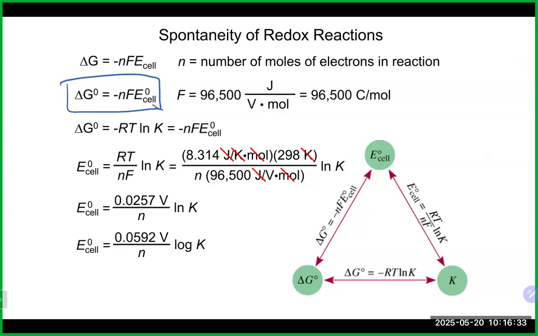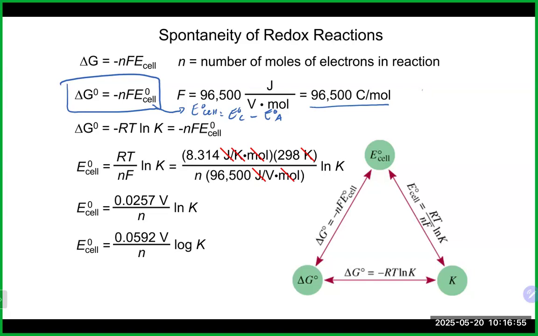The E of the cell here is what we've been talking about. This is our cathode minus our anode. Our F is Faraday's constant, which is 96,500 joules per volt per mole. N is the number of electrons that is being transferred in this reaction.